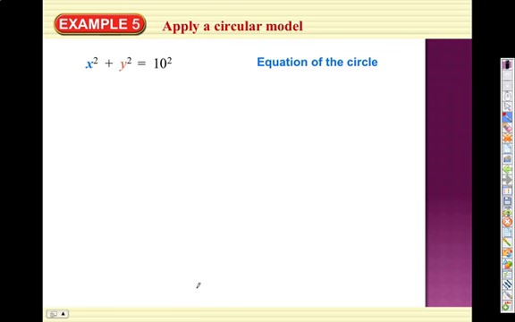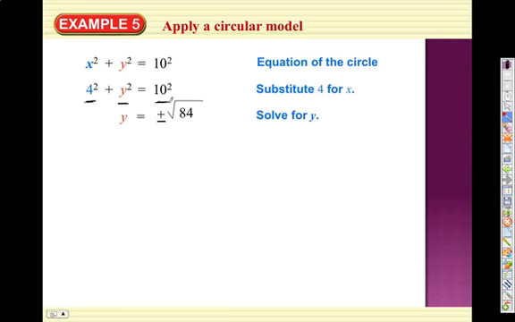How do you do that? Well, let's plug it in, substitute. There's our 4 for x. We don't know our y value, but we do know the radius of our circle is 10. Now solve for y. Minus 16 on this side, minus 16 on this side, right? This is really 16 plus y squared equals 100. Minus 16, we get y squared is equal to 84.